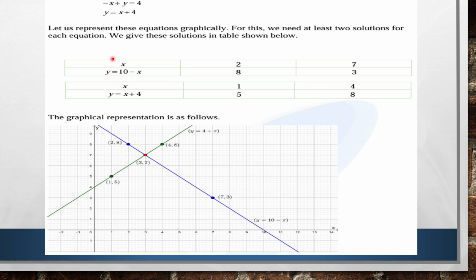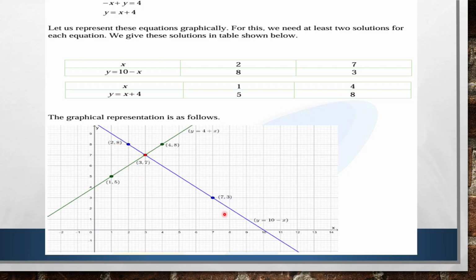Now in this equation, if you substitute the value 2 here, 10 minus 2 is 8. Again, if you substitute x as 7, you will get 3 here. Same thing here: take x as 1, you will get 1 plus 4, 5. If you take x as 4, you will get 8. Now by using these values, I can plot the different graphs. That is 2, 8, so 2, 8 is this point.